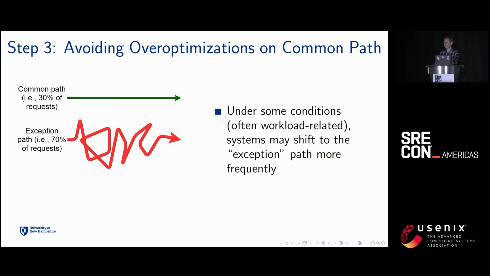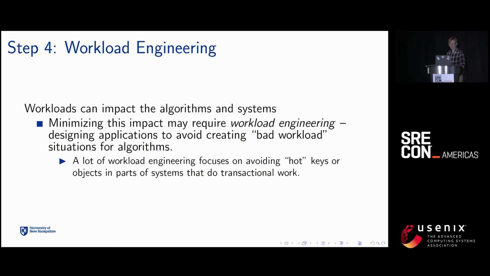So I'm not saying not to optimize things, but I'm saying that you need to optimize not only the common paths, but also things like those reconfigurations and recoveries and error handling and so on and so forth. Because when those things, for whatever reason, start to dominate, you don't want to waste too many resources on them.